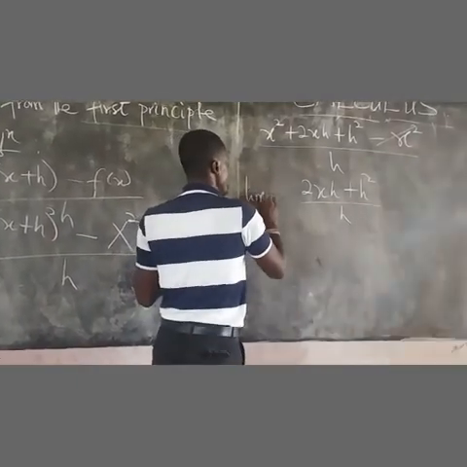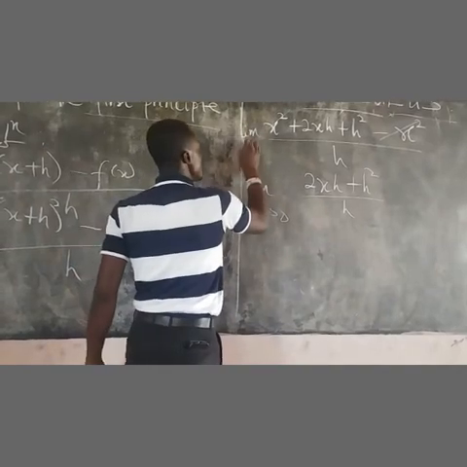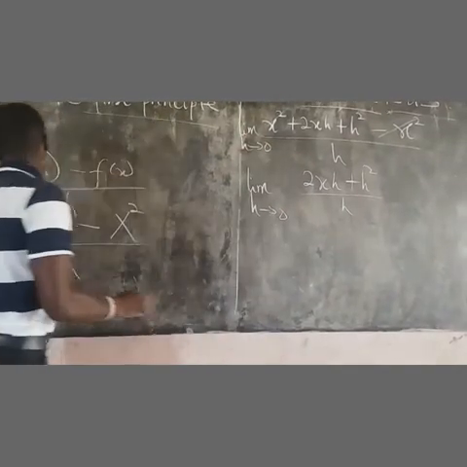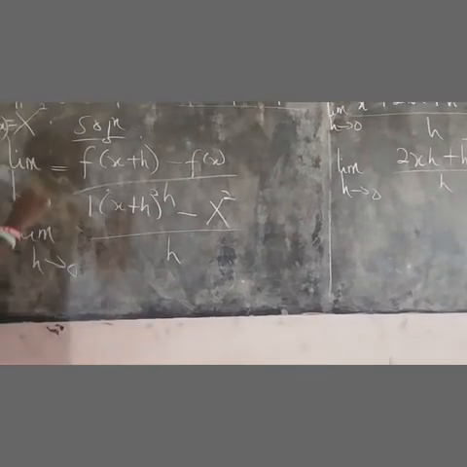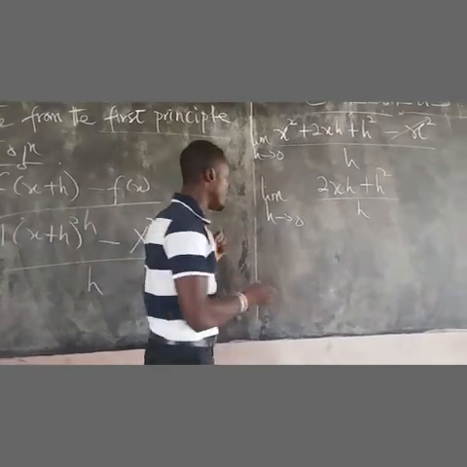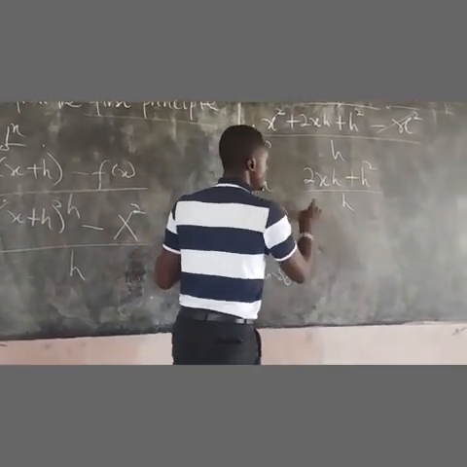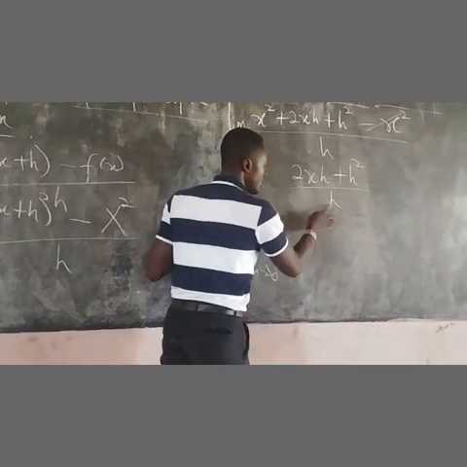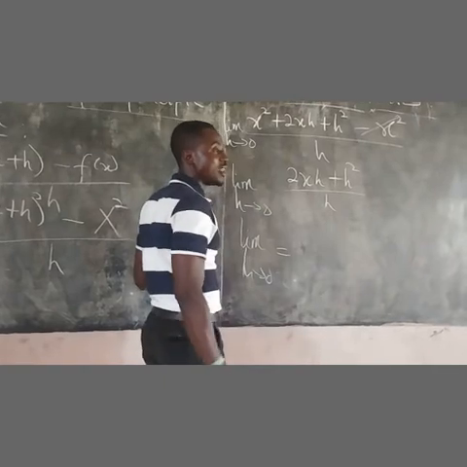Limit as h approaches 0. Okay, so now let's do some indices over here. Limit as h approaches 0 of 2xh, where this h is affecting the first term and at the same time the second term.